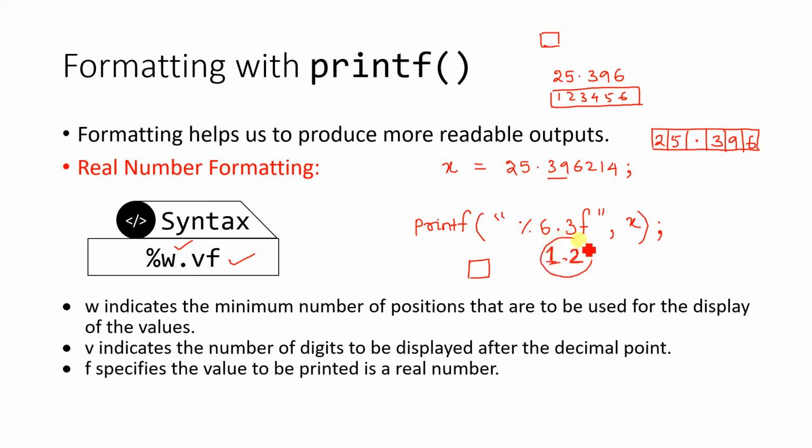In this kind of situation, the printf function is so intelligent that it will automatically display 25.39, because it understands that the user wanted to display 2 digits after the decimal point. So it will take that 39, and irrespective of the number of boxes or spaces created by the user, it will ignore that and display 25.39.